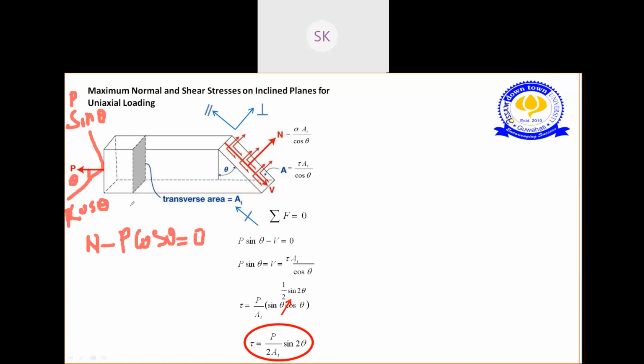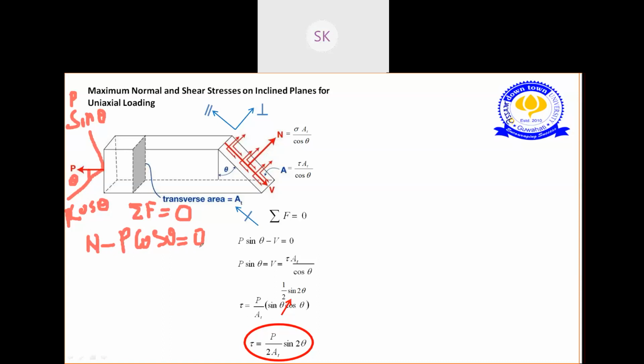I am taking equilibrium, all the forces in perpendicular direction as 0. Just suppose you take all the horizontal forces equal to 0, so I am taking all the perpendicular forces equal to 0. So what are the perpendicular forces? In this surface, N is the perpendicular force, and in this surface, P cos theta is in the perpendicular direction. So N minus P cos theta equals 0.